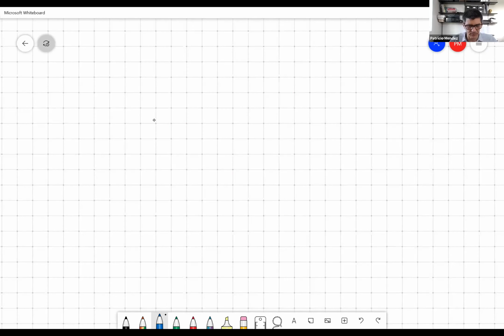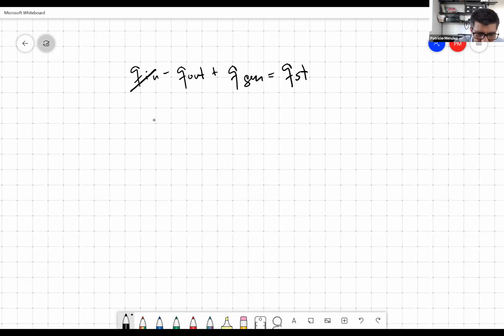So we write here our energy balance that was Q in minus Q out plus Q generated equals Q stored. We said there is no heat coming in, but we have heat out that is by convection.